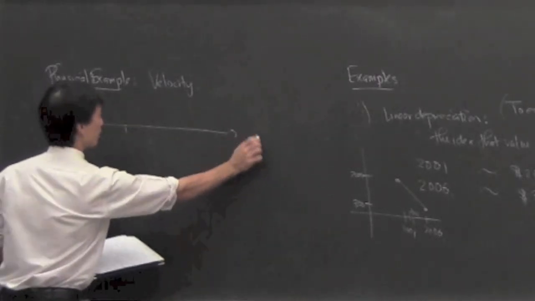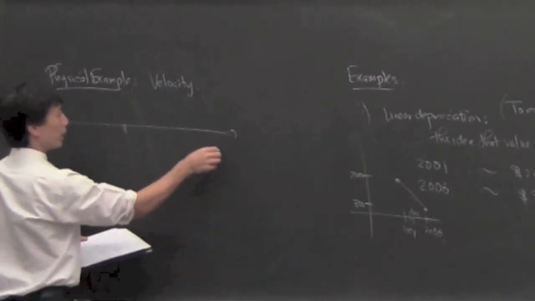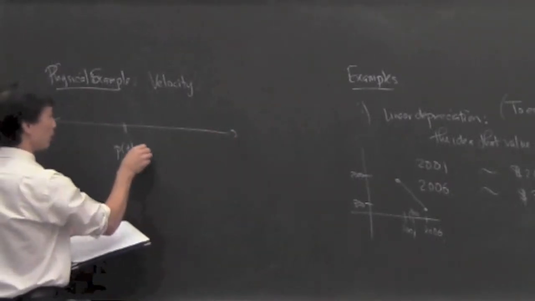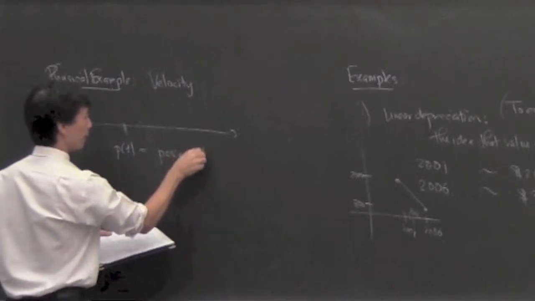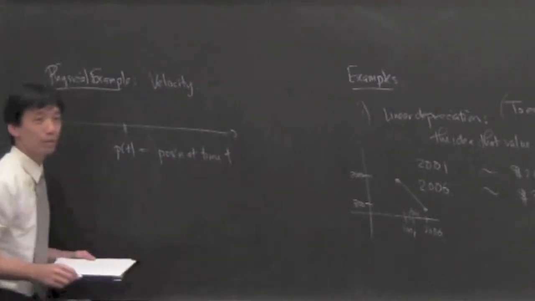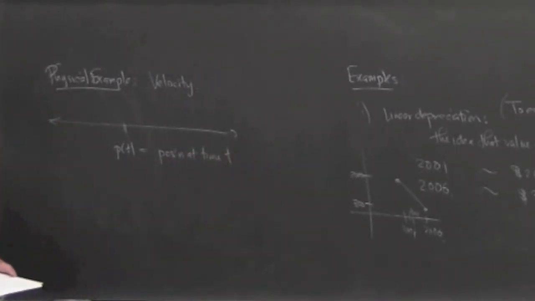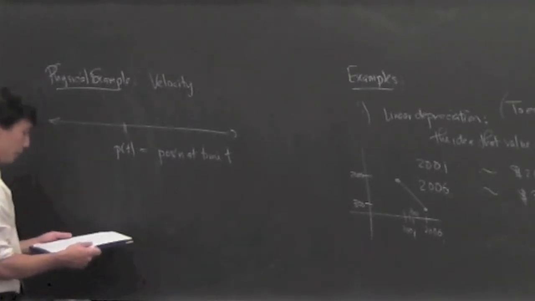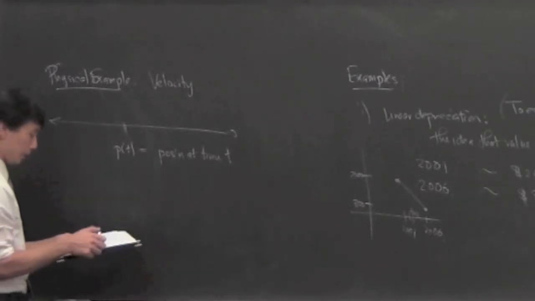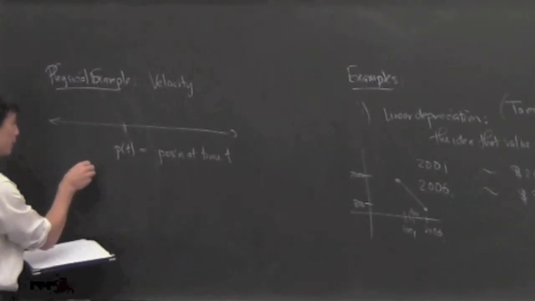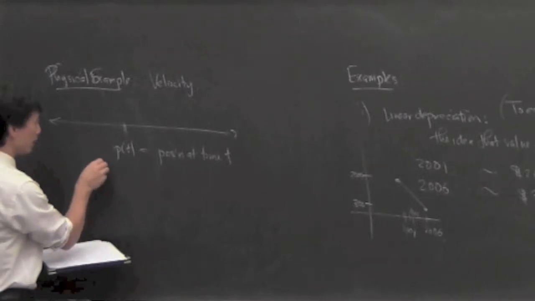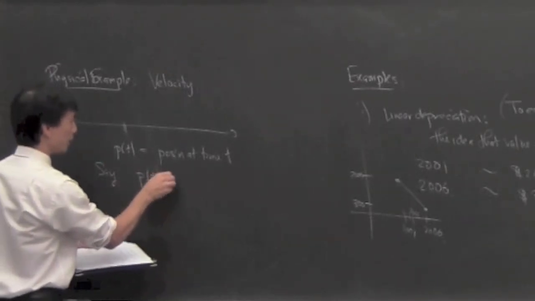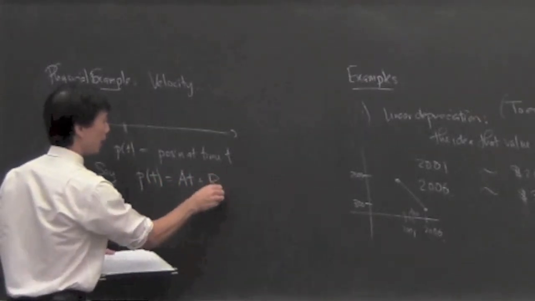Let P of t denote the position at time t. Then the average velocity. Let's say that p is a linear function, so p of t is at plus b.